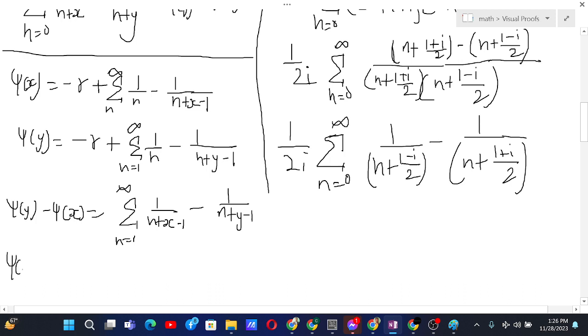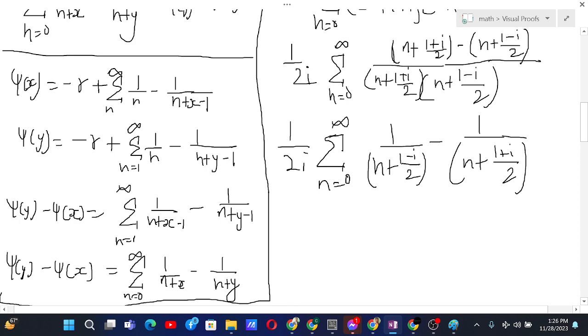If we change the limits from 0 to infinity, we have n plus 1 over here, and then 1 and 1 cancel out, so we have 1 by n plus x minus 1 by n plus y. So this was the derivation of this idea.